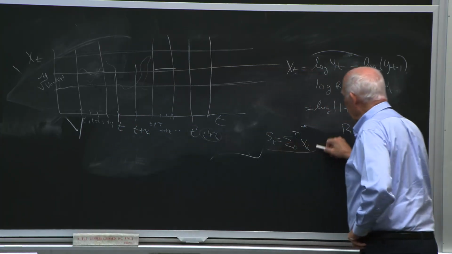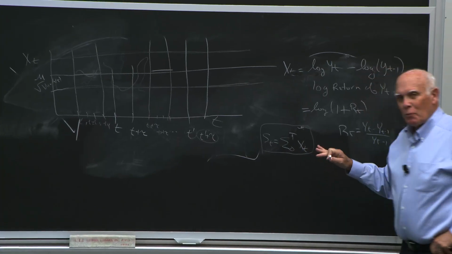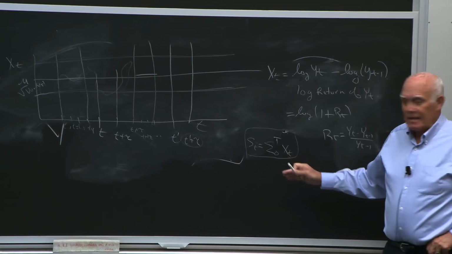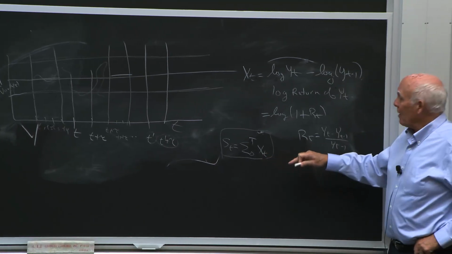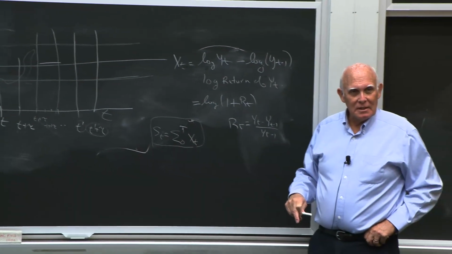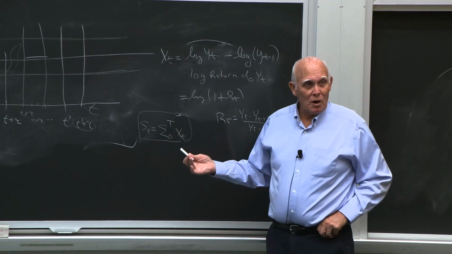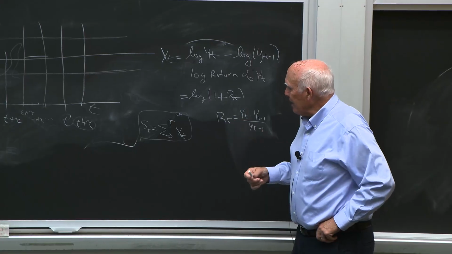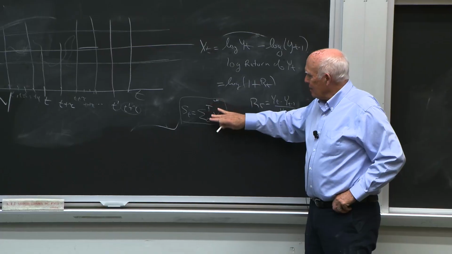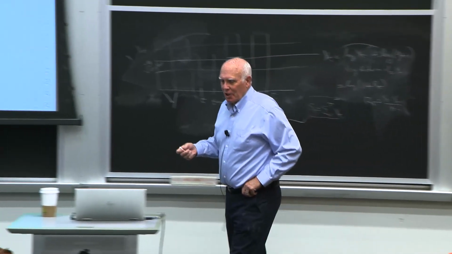In modeling the random walk by this sum, there will be many different models we can consider. The simplest model would be one where these x's, the steps, are identically distributed and independent. So it's like a pure random walk. More complicated models will consider the x_t's to be dependent upon each other.